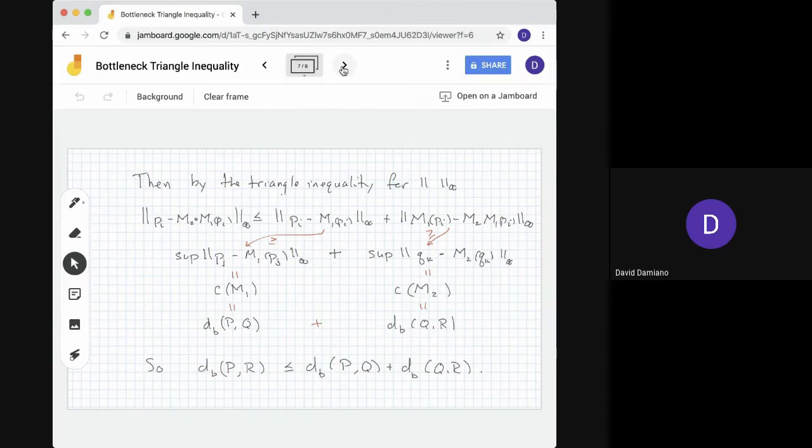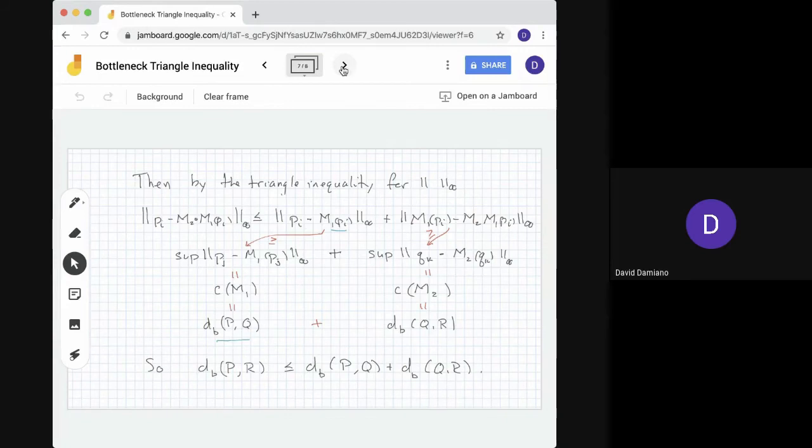We're going to insert M1 of p_i, so we get p_i minus M1 of p_i in the first term, and then M1 of p_i minus M2 of M1 of p_i in the second term. Well, the first term is just the cost function of M1, because M1 was chosen to be optimal. That's the bottleneck distance between P and Q.